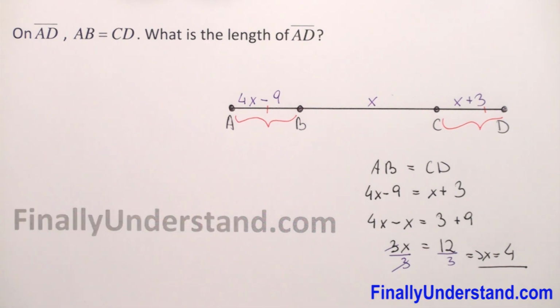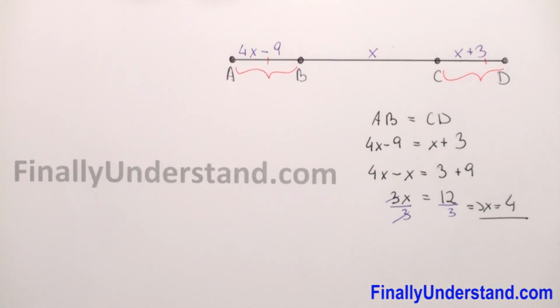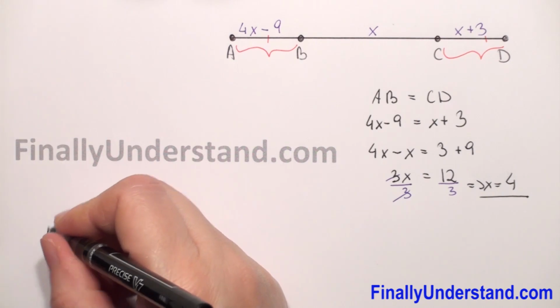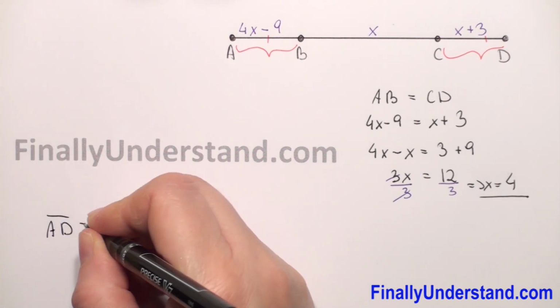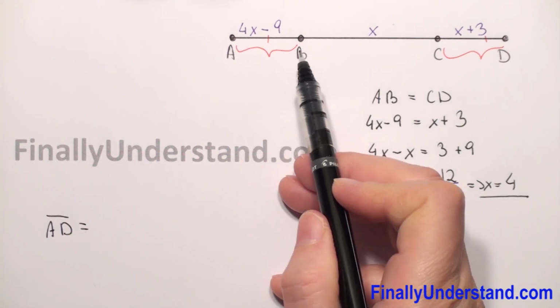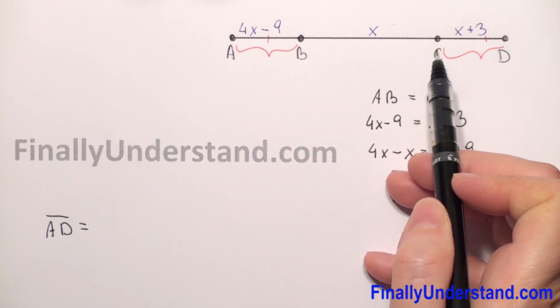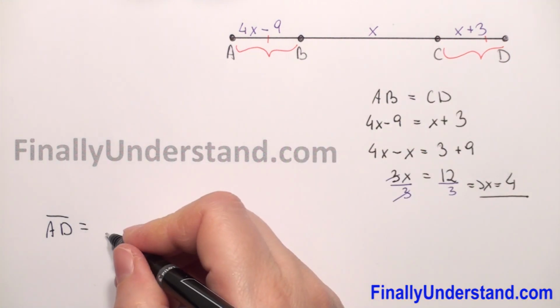We see that AD segment is what? It is AB plus BC plus CD.